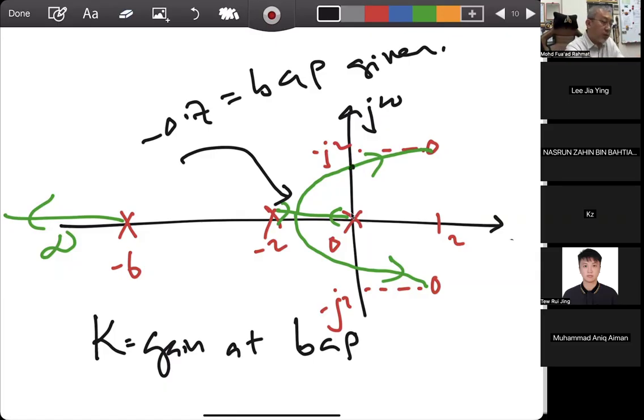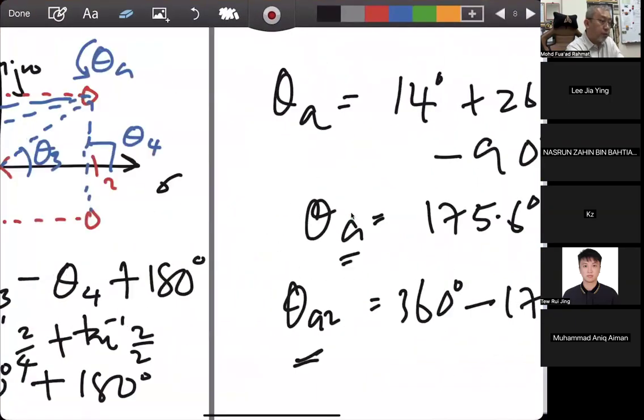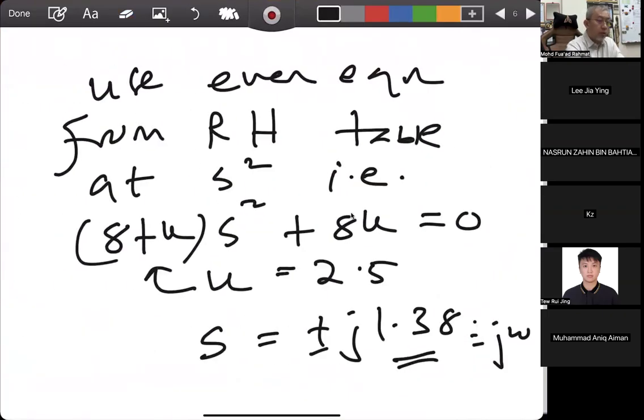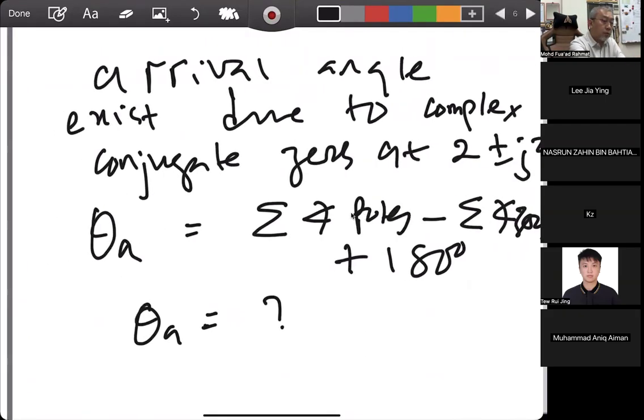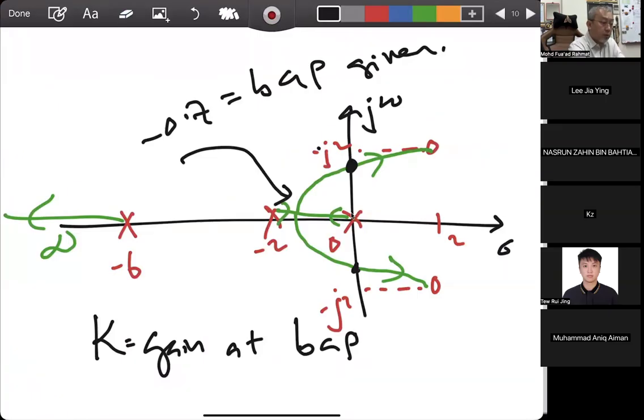We already know this one. We already know that one is the j omega axis crossing, so then 1.38, with the K of 2.35. So this one is plus j1.38, and the gain K there is 2.35.